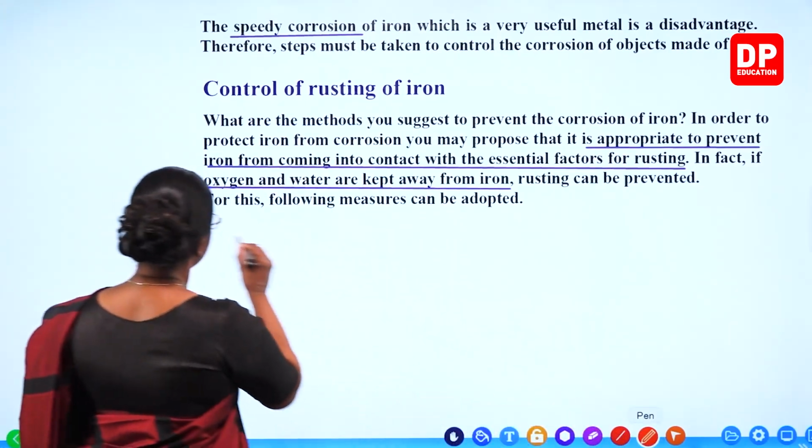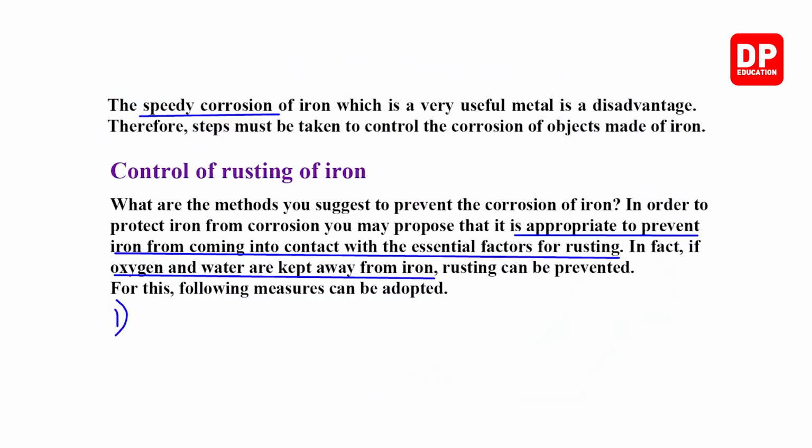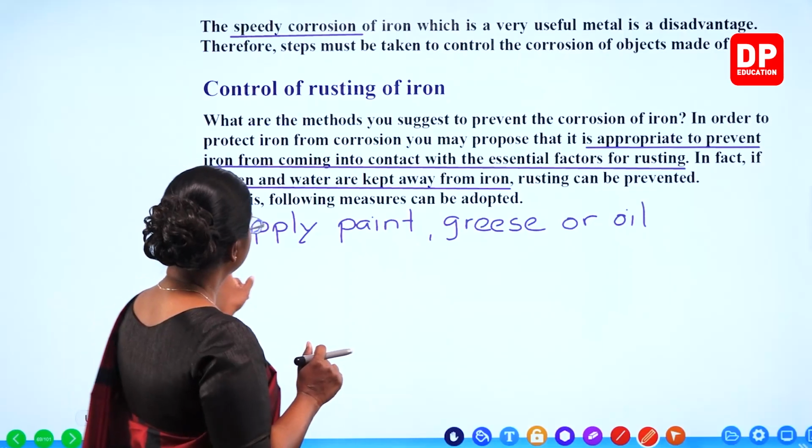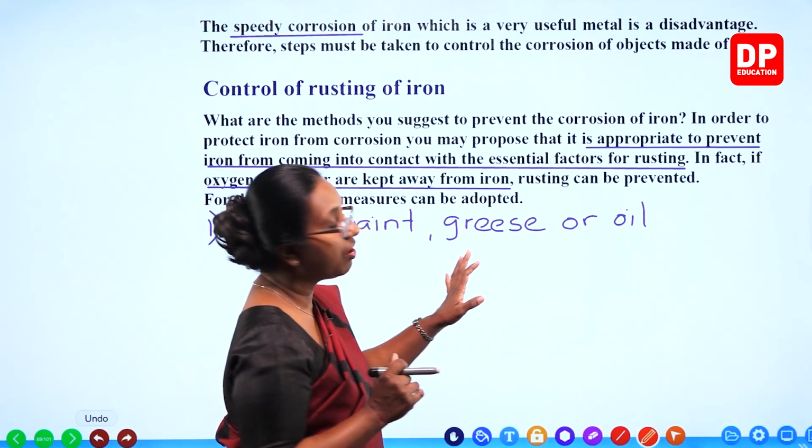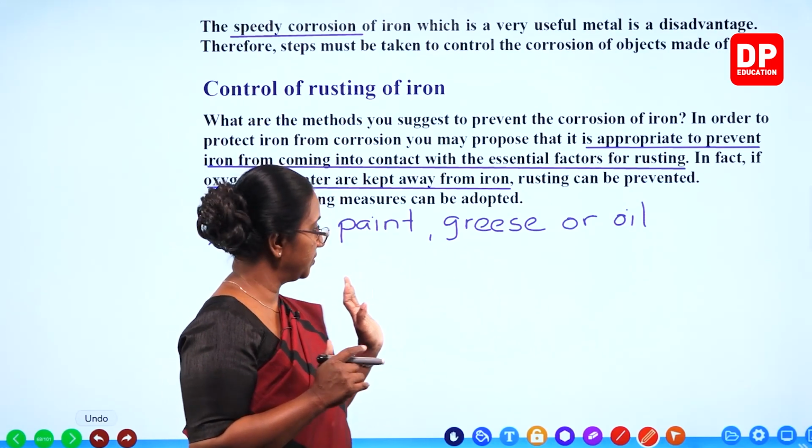So here we can say the first method, apply paint, grease or oil. So apply paint, grease or oil on this iron object.